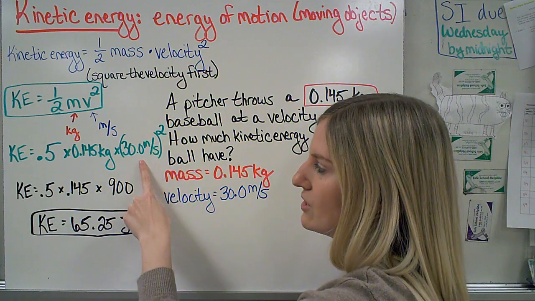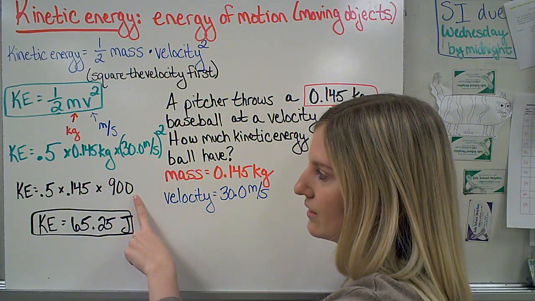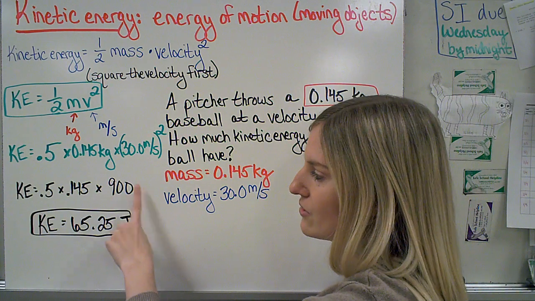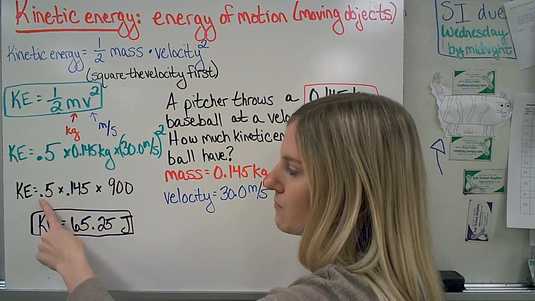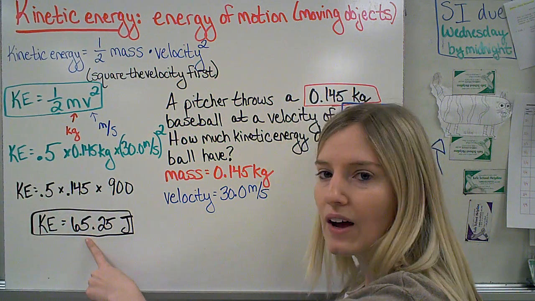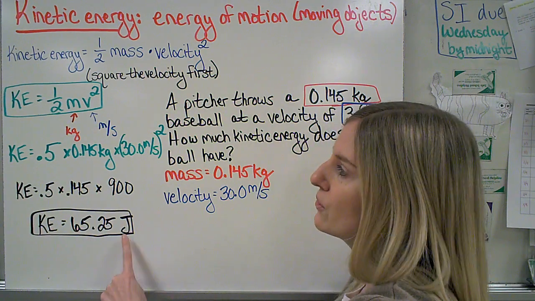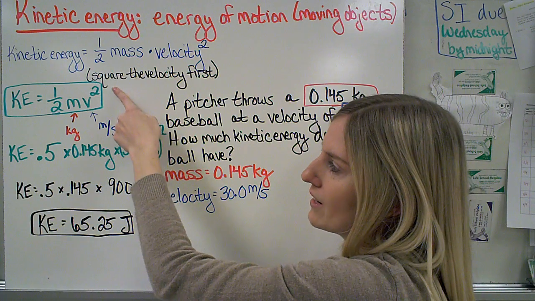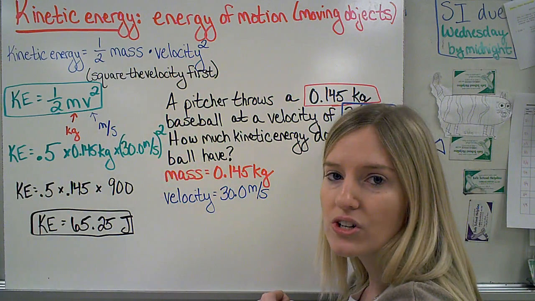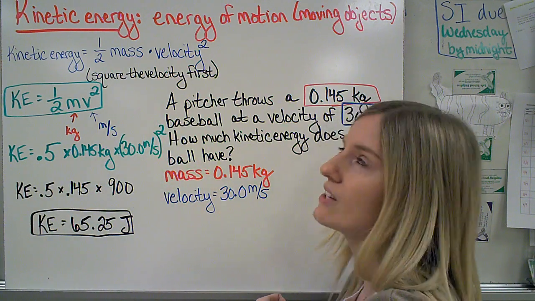I square this first to get 900. So I take 900 times my 0.145 times 0.5, and I get 65.25 joules because this is energy. Notice that since the velocity is squared, that is going to have the largest impact on my kinetic energy.